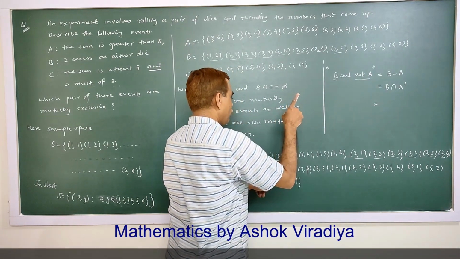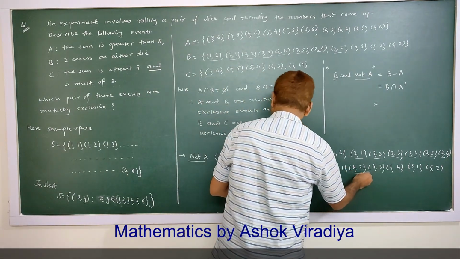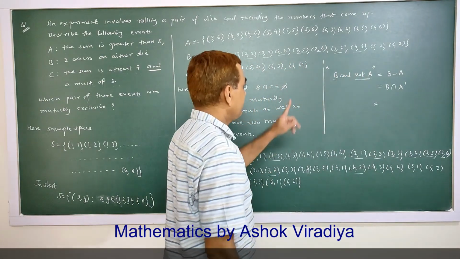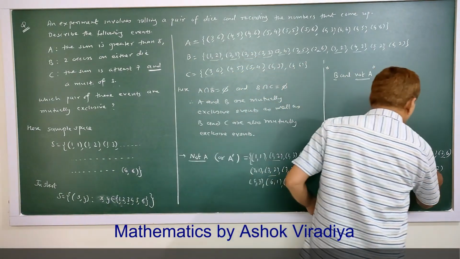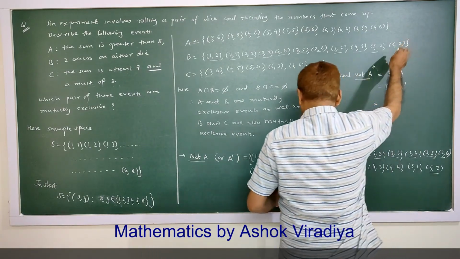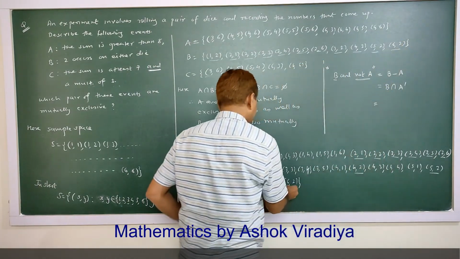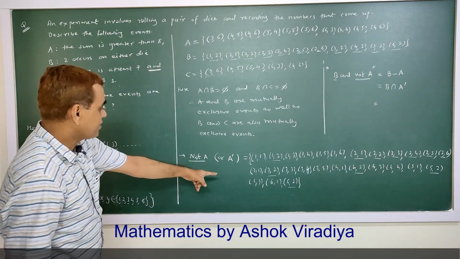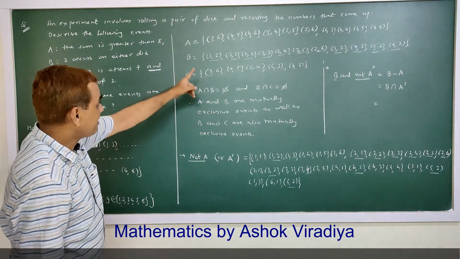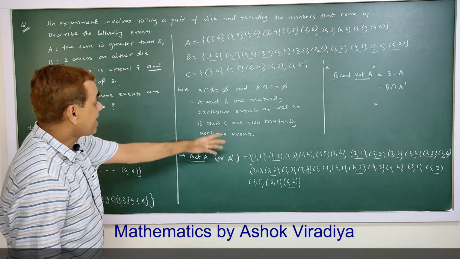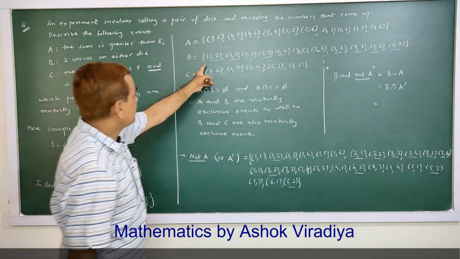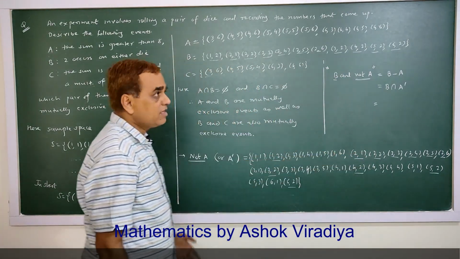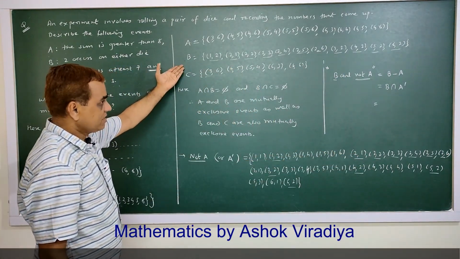Then 4 2 is common. Then 5 2 is common, 6 2 is also common. You can see that B is a subset of A dash. All the elements of B are in A dash. You can check this underline. See, all the elements are in this set. So their intersection is B.